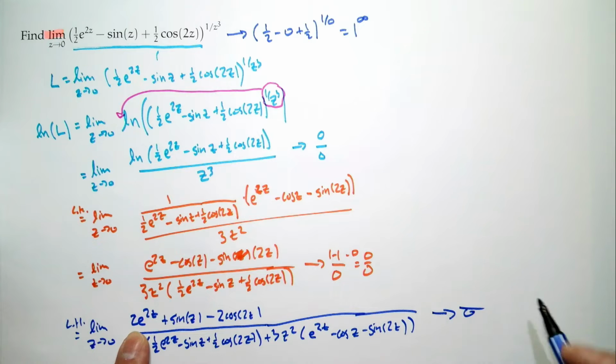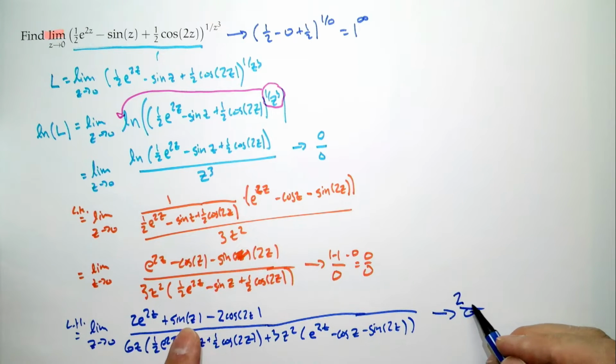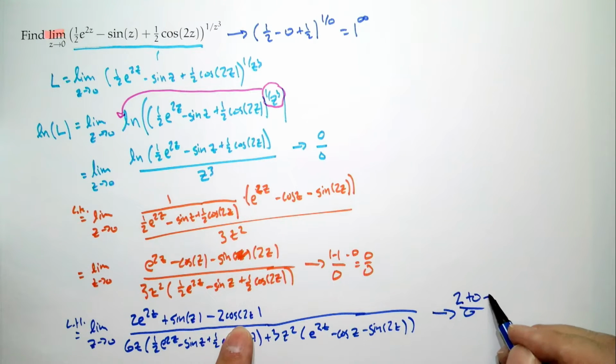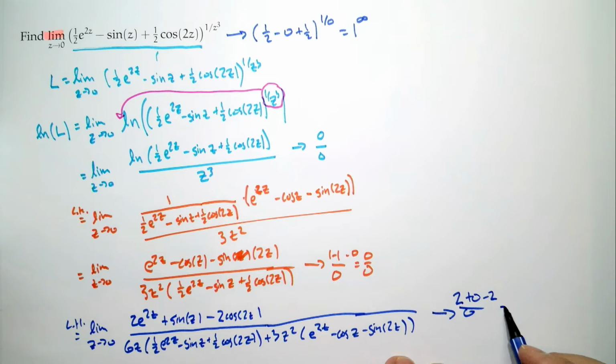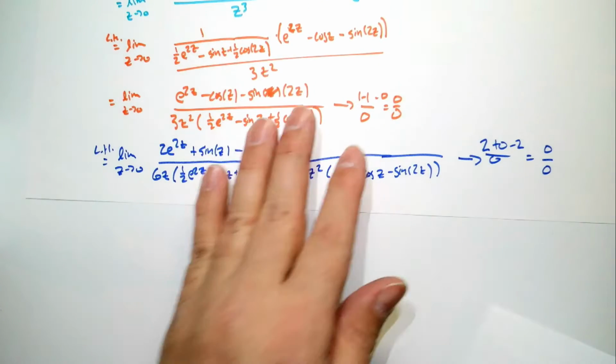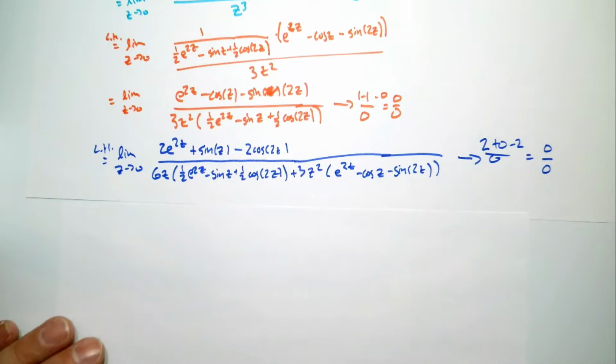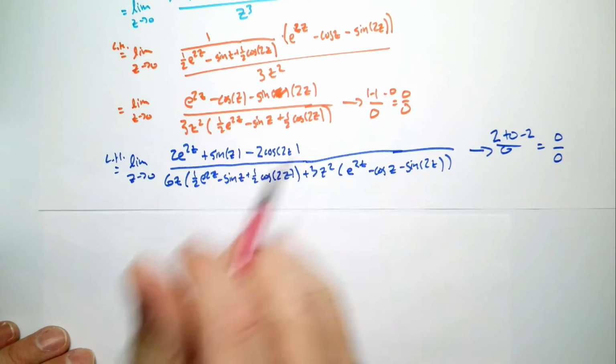Well, you're going to get 2 plus 0 minus 2, which is 0. 0 over 0. So what does that mean? More work, right? Good. Just when we thought we were going to be done with our work, it pulls us back in.